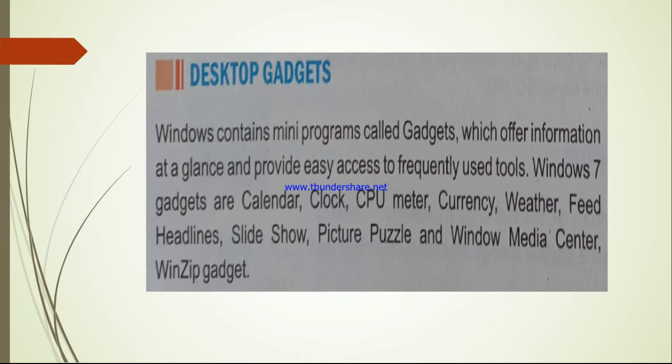Windows 7 gadgets are calendar, clock, CPU meter, currency, weather, feed headlines, slideshow, picture puzzle, and Windows Media Center gadgets. So these are different kinds of gadgets which we can use on the desktop.